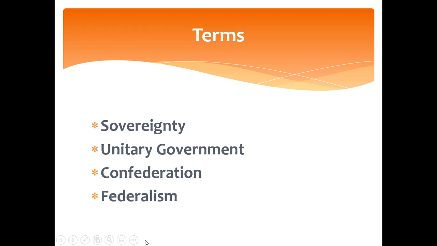Federalism is where a constitution divides powers and functions between the central, the national, the federal government, and the regional or the state governments. So in federalism, we have two types of government.